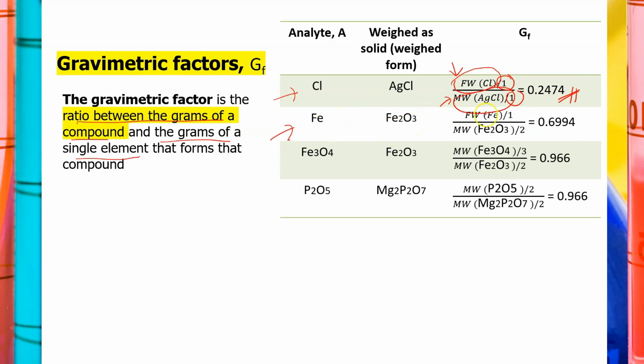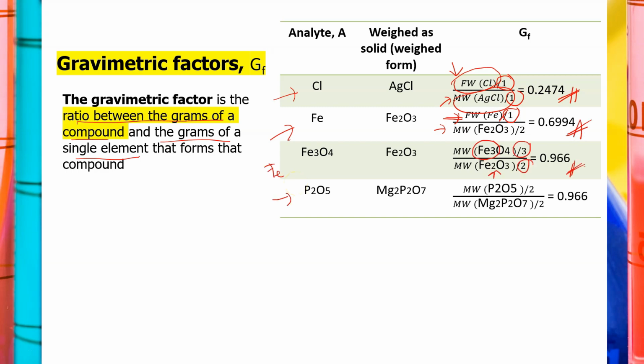To get the GF, atomic weight of iron over molecular weight of iron oxide. At this first part, you put 1, which means only 1 mole of iron. And then for the iron oxide, since there are 2 moles of iron, you must divide by 2. Then you will get the number.